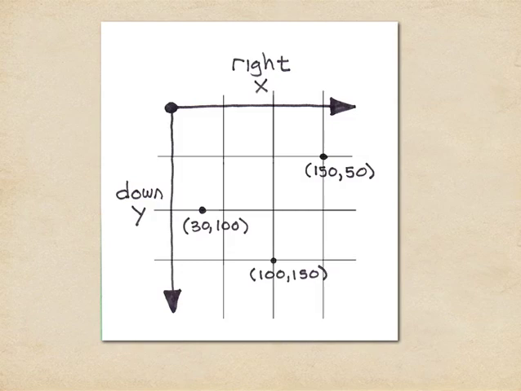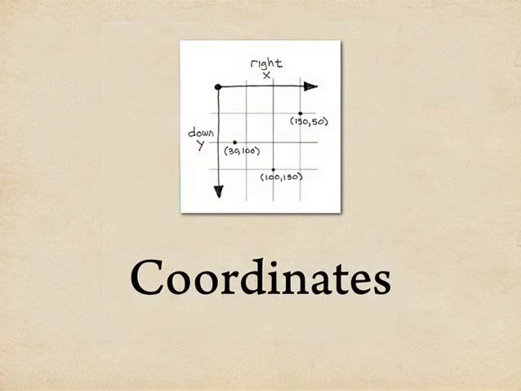Here's another point. It's 2 full boxes to the right, 3 full boxes down. That gives us the point 100, 150. These numbers are called coordinates, and it's just a big word that means the numbers that we use to locate a point, always in the order right, down.